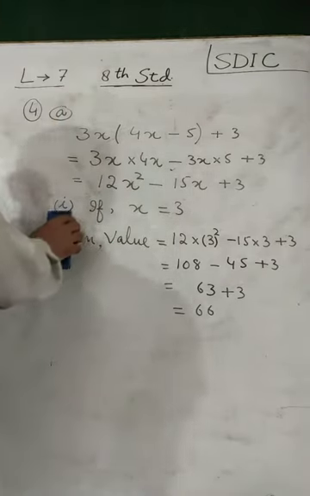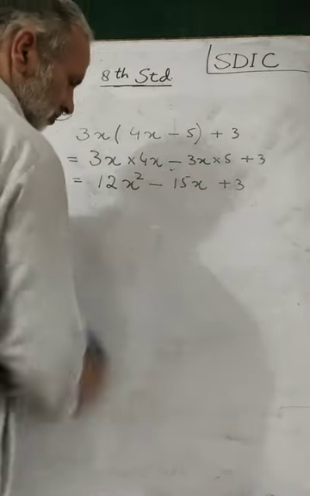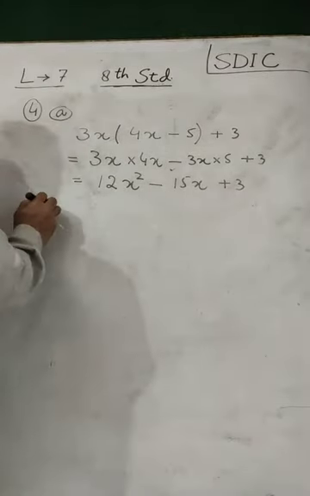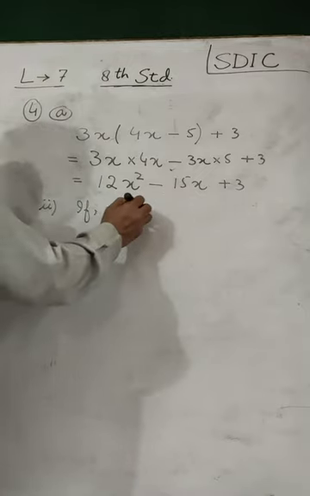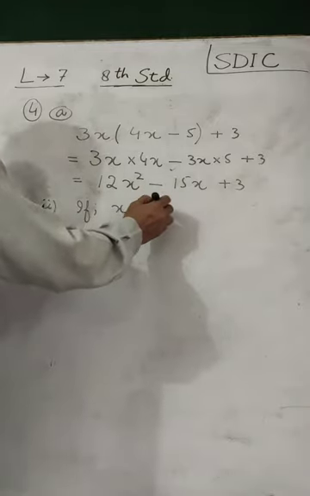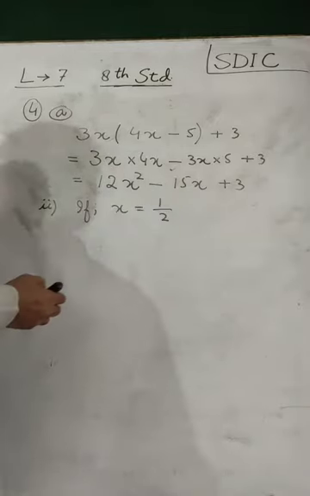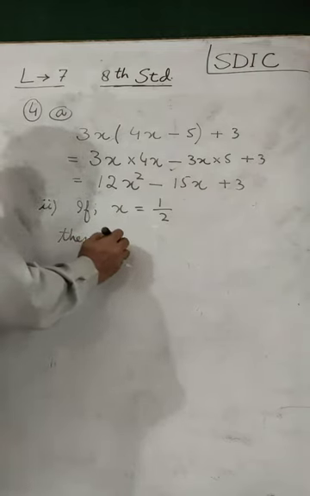Second part of this: you have to use x is equal to 1 by 2. Previously it was 3, now it is 1 by 2. Now in such a case, what will be the value?